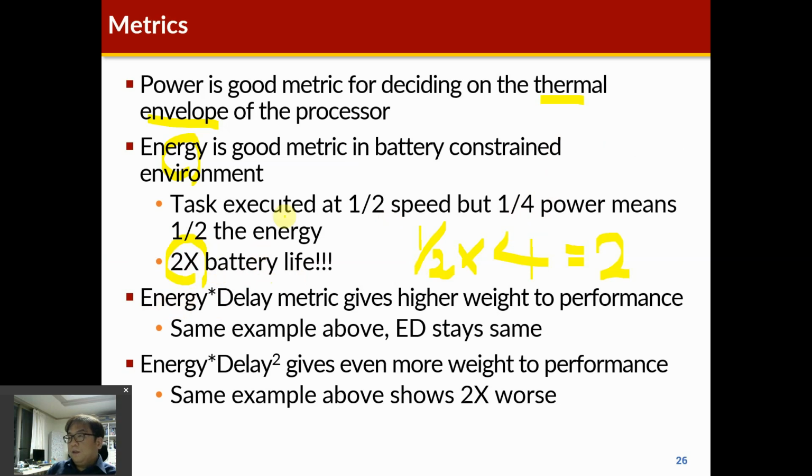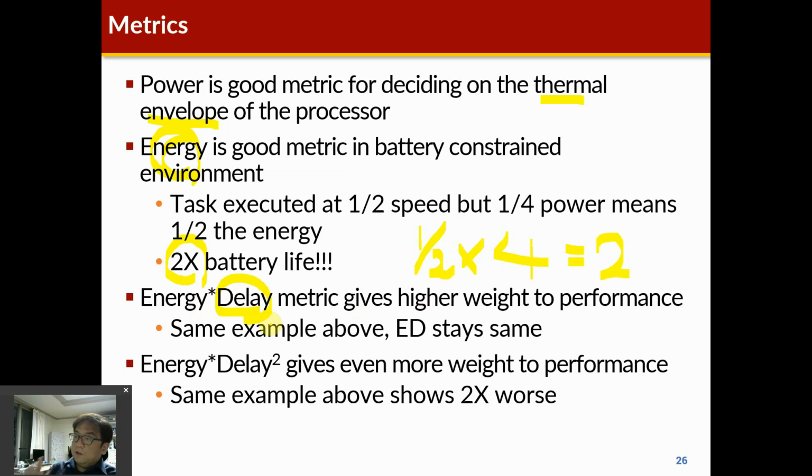So energy is the power multiplied by time. And then we can set another metric, energy multiplied by delay. Delay is related to the performance of a computer system.